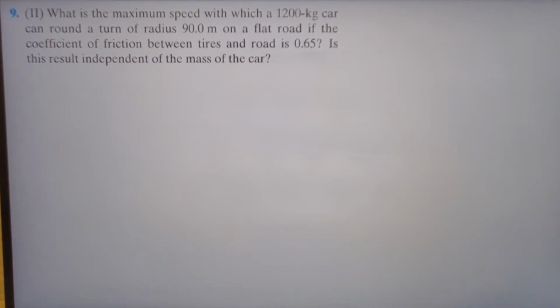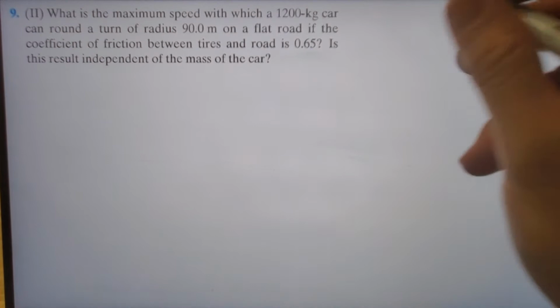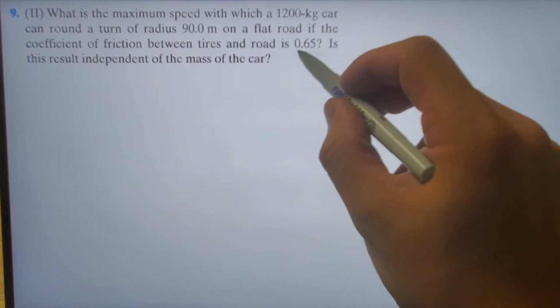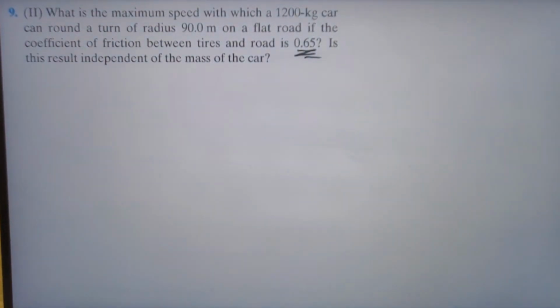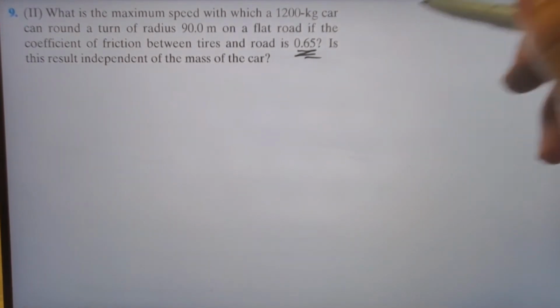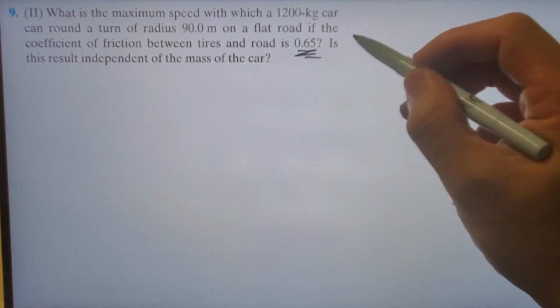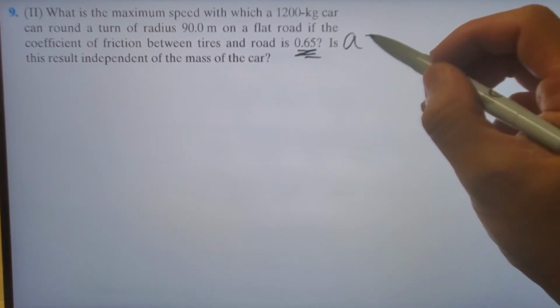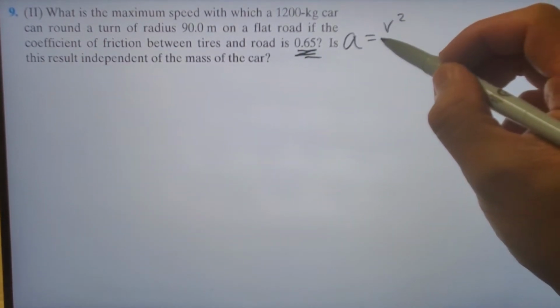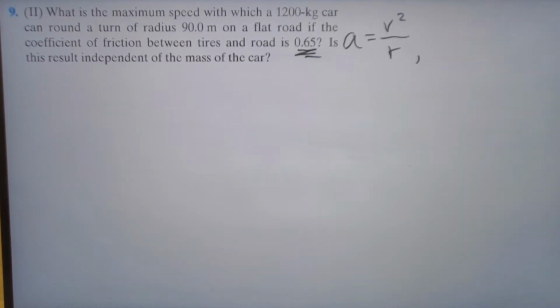Okay, all right. So let's pay attention to a few things. This one is called the coefficient of friction. From the last problem, we learned a few things. First of all, centripetal acceleration is equal to velocity squared divided by r. That's one formula.